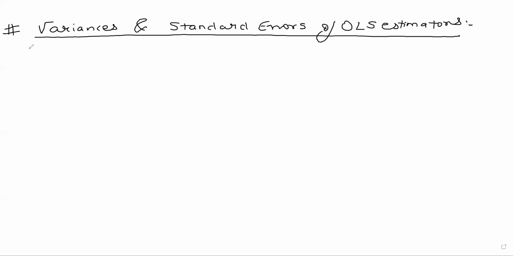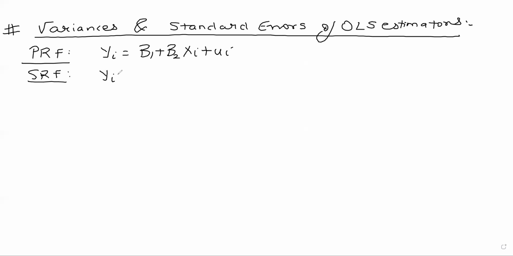So I'm quickly writing the population regression function: yi is equal to capital B1 plus capital B2 xi plus ui. And our sample regression function was yi is equal to small b1 plus small b2 xi plus ei. Both of these are stochastic, population regression function and sample regression function.